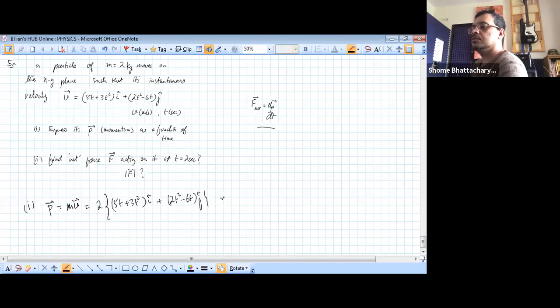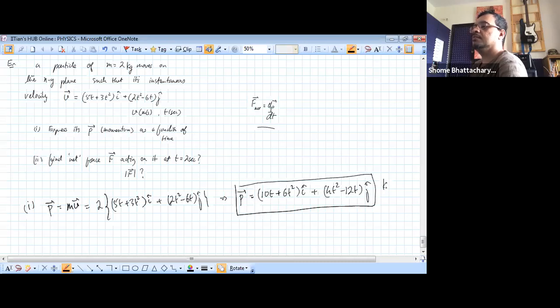So it is becoming 10t + 6t^2 as the x component of momentum, and 4t^2 - 12t as the y component of momentum. Okay. So this is the momentum in kilogram meters per second because the velocity was in meters per second. So that's the first part.